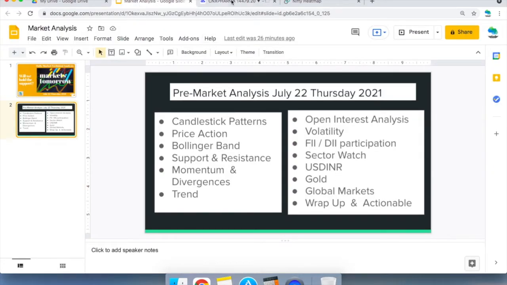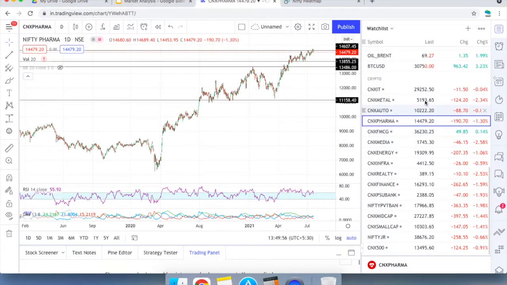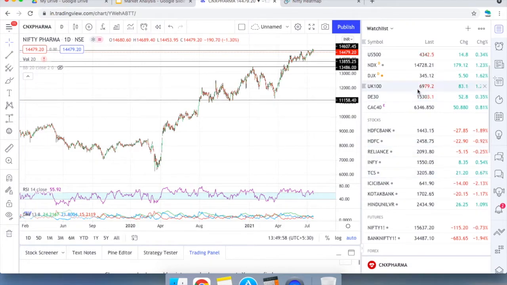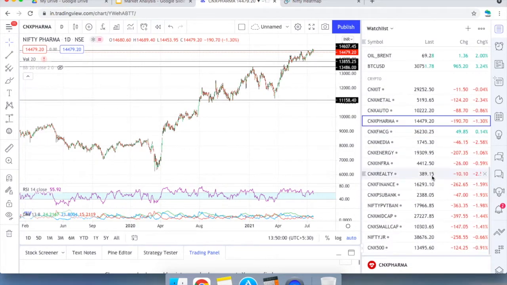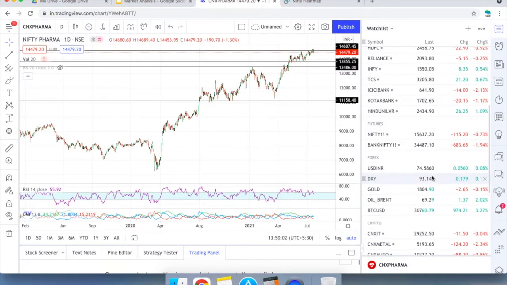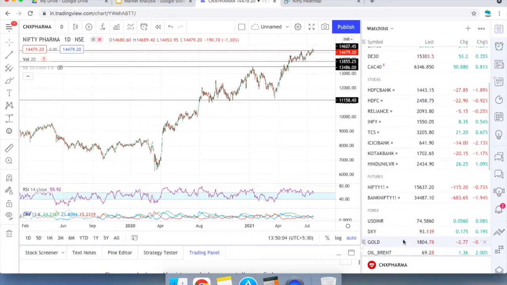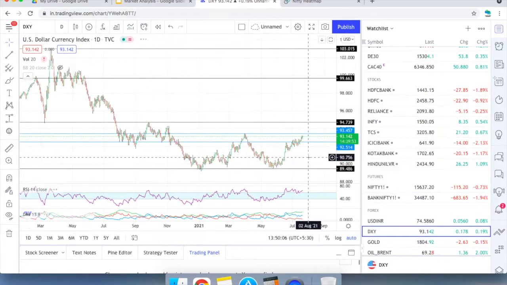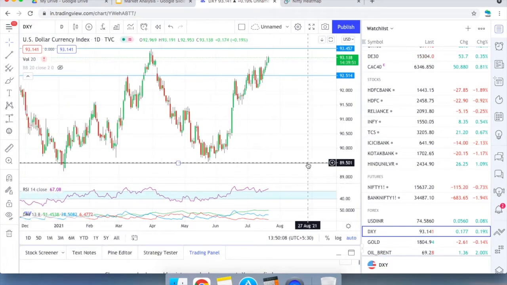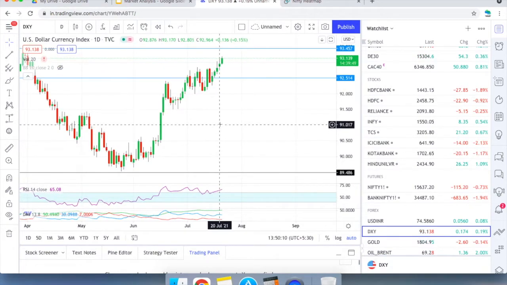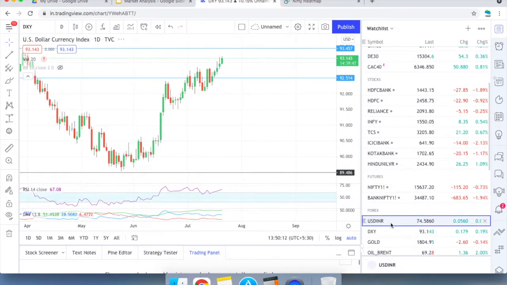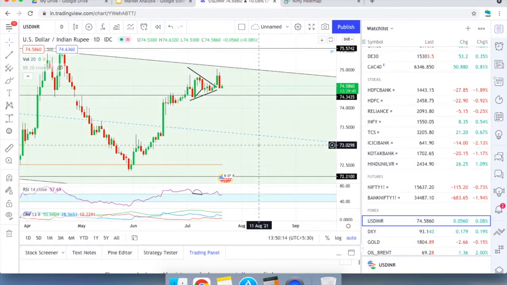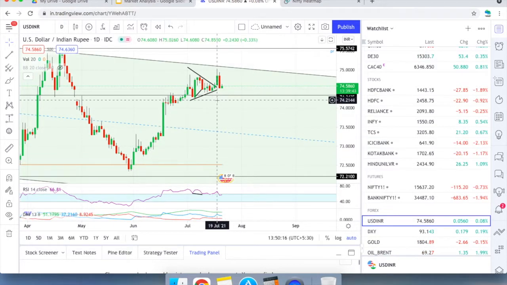Let's see what the currency pair USD INR and others are doing. If we go and see the dollar index, the dollar is strengthening day by day, and has continued to strengthen in the last 4-5 days. And the currency pair that trades on NSE had done a breakout of the triangle pattern and then failed and went bearish the other day, right?